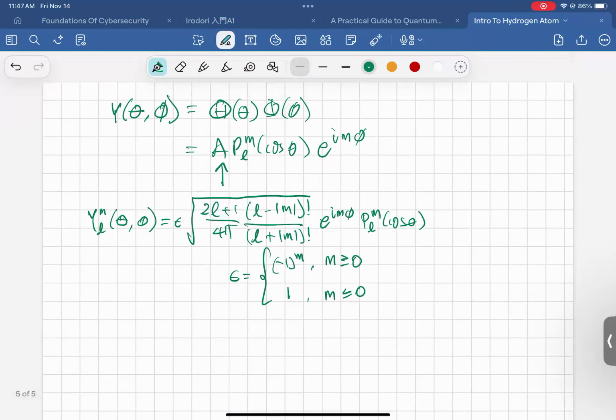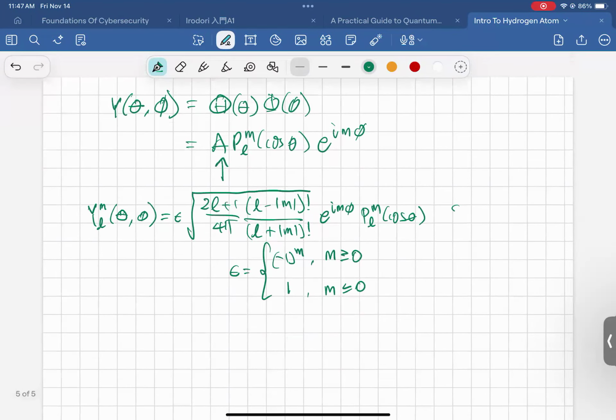Now this solution is called a spherical harmonic. Okay, and tawag dito, yung spherical harmonics na ito, will describe yung angular solution ng hydrogen atom.